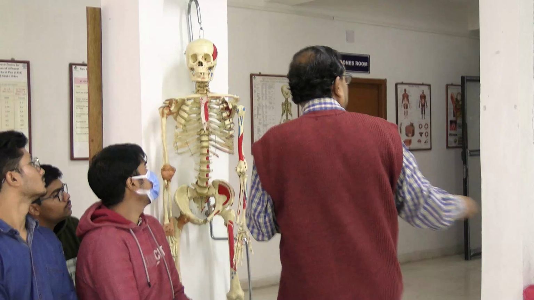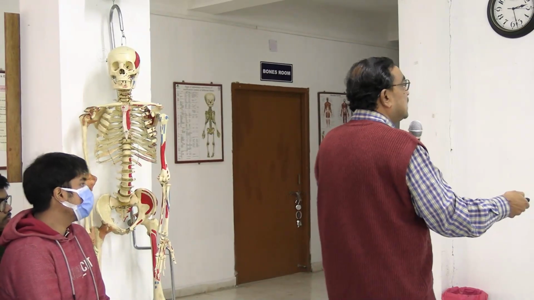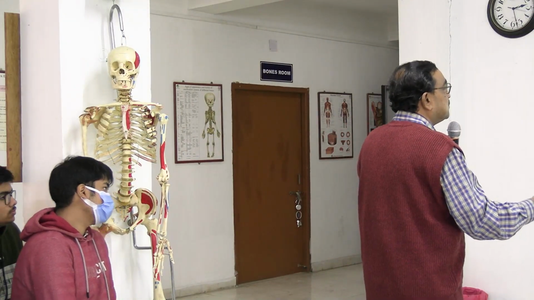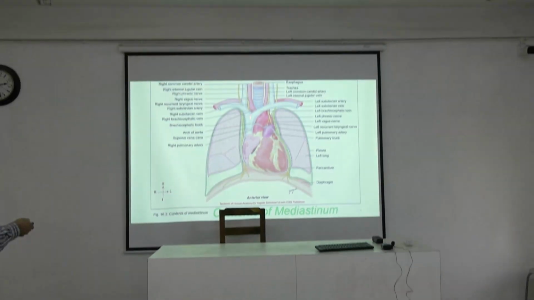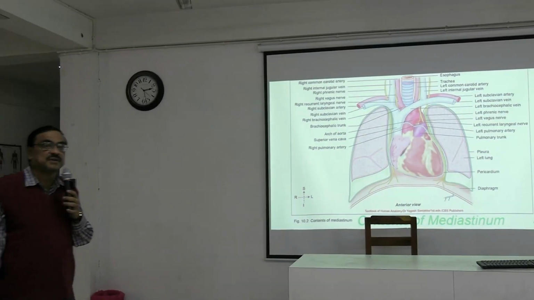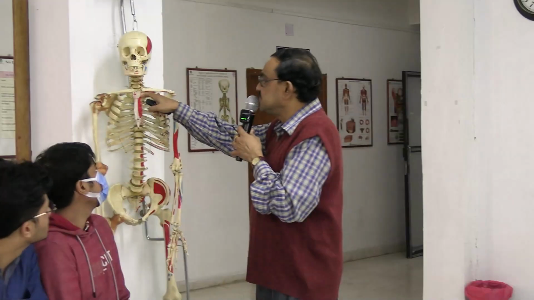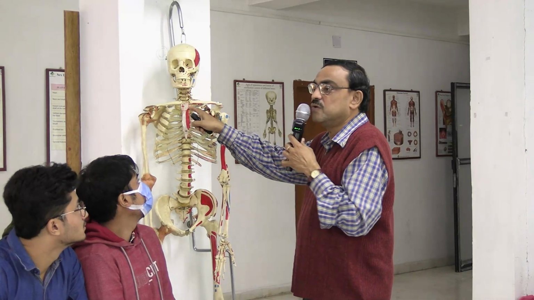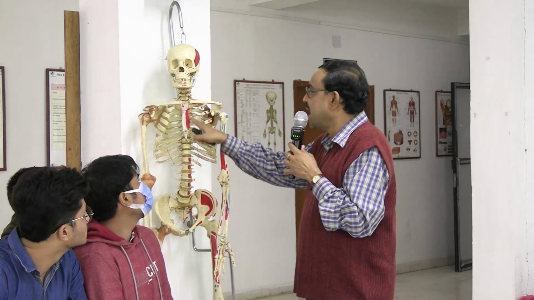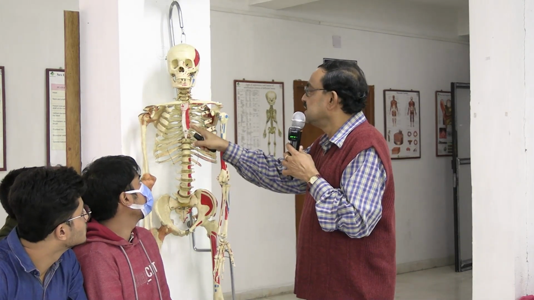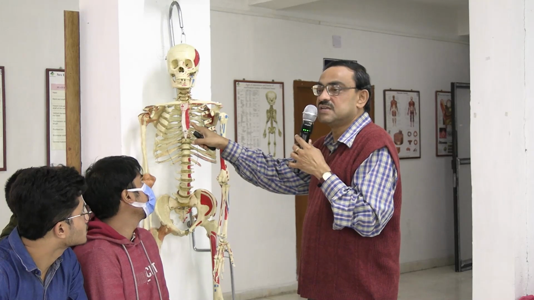Here we will get the formation of the biggest vein, that is the superior vena cava. It is from just behind the first sternocostal junction and it ends at the third sternocostal junction.